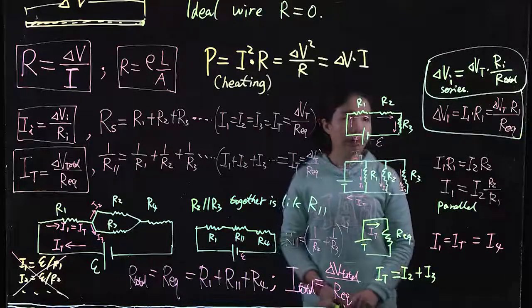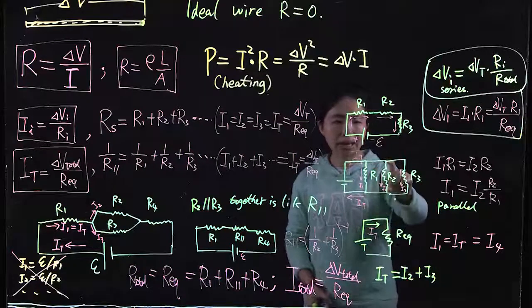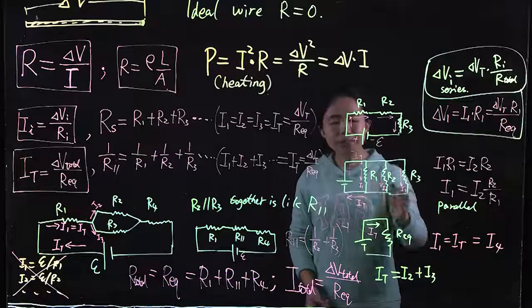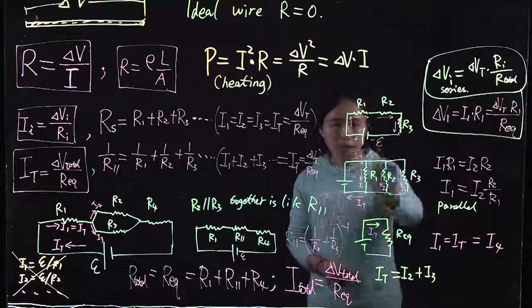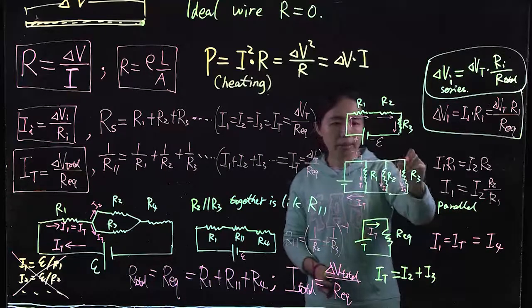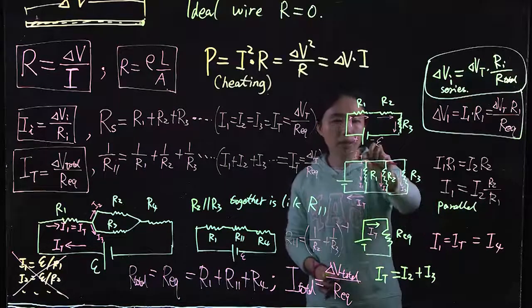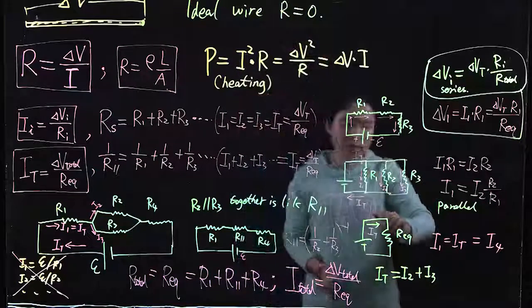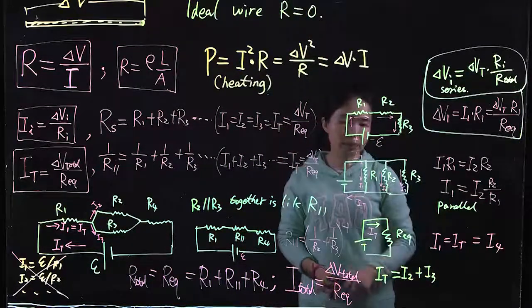Also, another important thing is that when we have them in parallel, they have different currents. However, those wires are ideal. Everywhere here, here, here. All these 3 points have the same potential because we consider wires to have no resistance. And all these 3 points have the same potential.